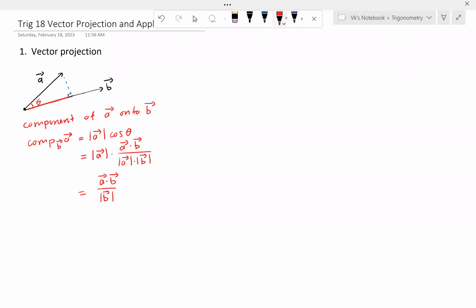The magnitude of B is a number. So this is a real number. Now, the component of A onto B is also called the scalar projection of the vector A onto B. Some people use scalar projection.